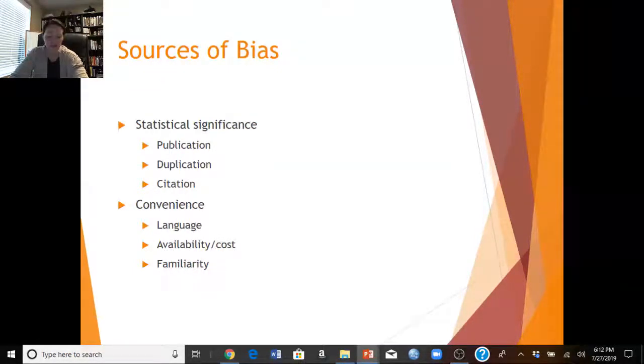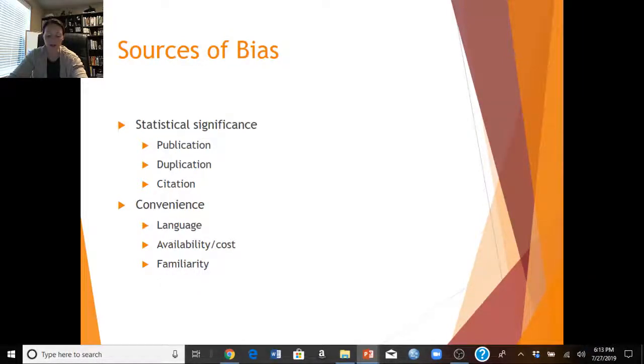Duplication is the next one. And so this happens if you are a primary researcher and you have a good-sized database, you find something statistically significant in it, and you then end up getting multiple publications out of it. This frequently happens with folks who have huge databases that end up with great results.